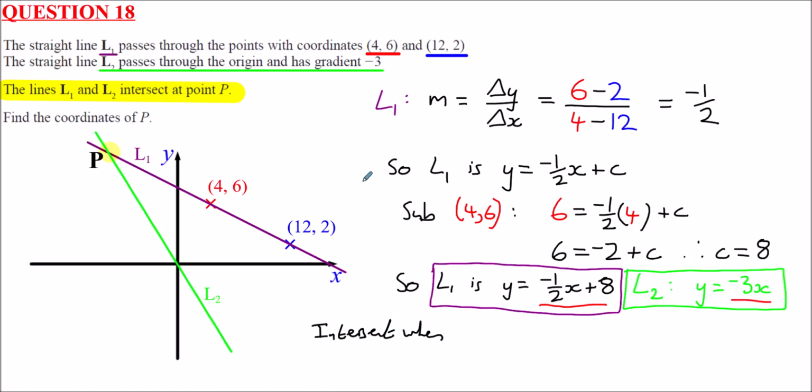when minus a half x plus 8 equals minus 3x. Now this is a fairly simple equation to rearrange and solve. So if we add half an x to both sides, then over here minus 3x plus half an x is going to leave us with minus 2.5x.